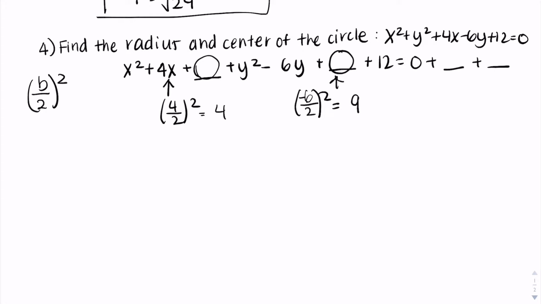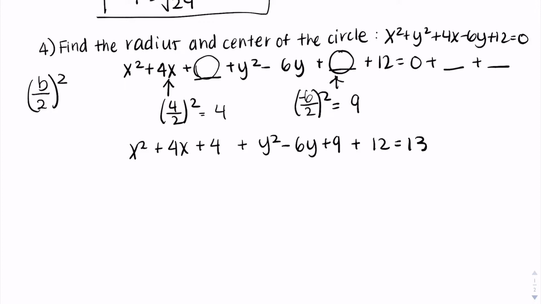So whatever you add on one side, you have to add it back on the other side. So let's rewrite this as x squared plus 4x plus 4 plus y squared minus 6y plus 9 and 12 equals 13, because you want to add 4 and 9 to the other side.